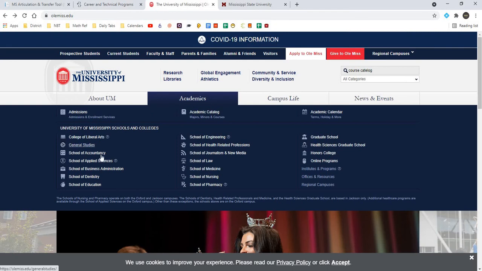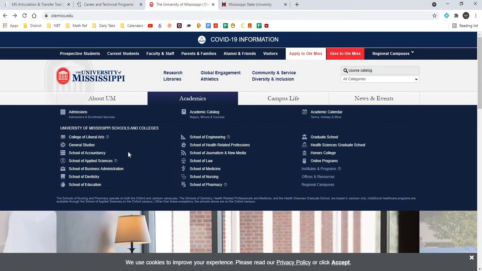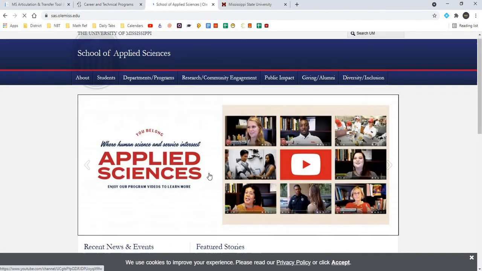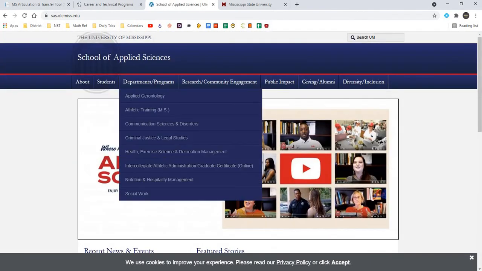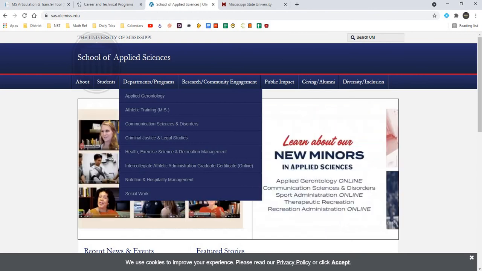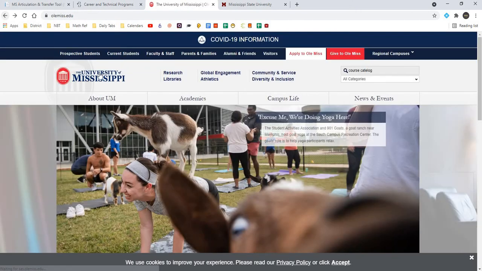I wanted to show you the difference in biological sciences. So you can see here, departments and programs gives you what they have. Let's go back and look again.